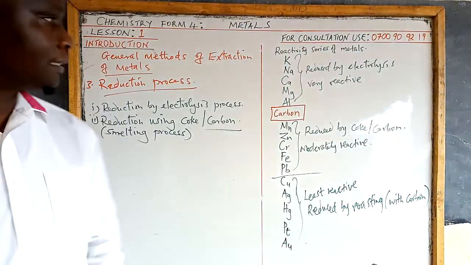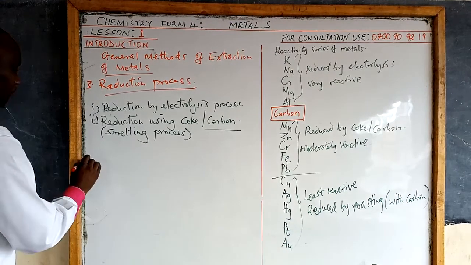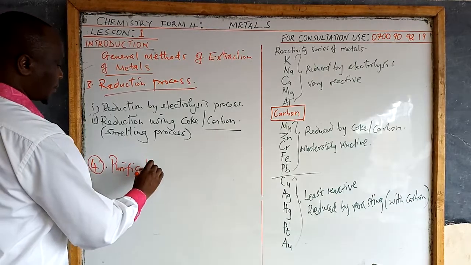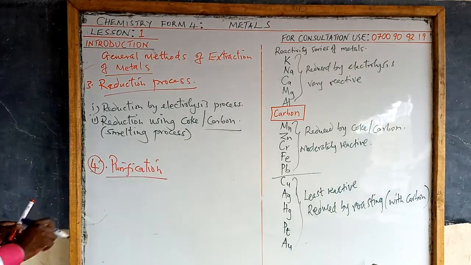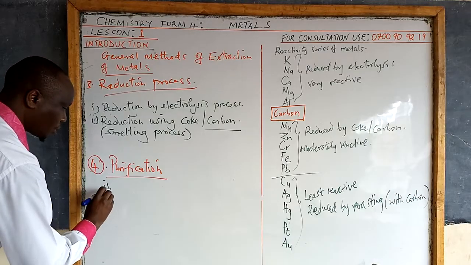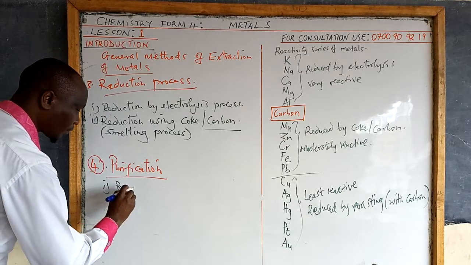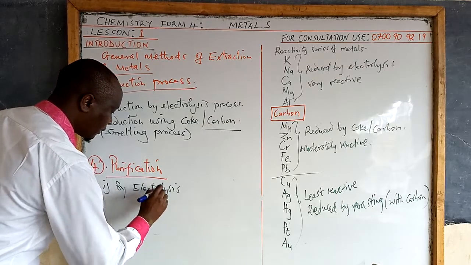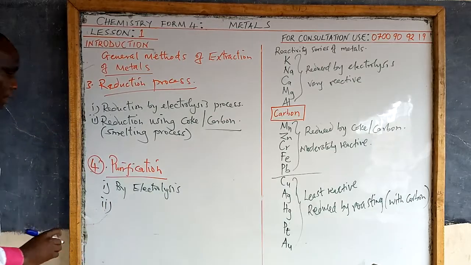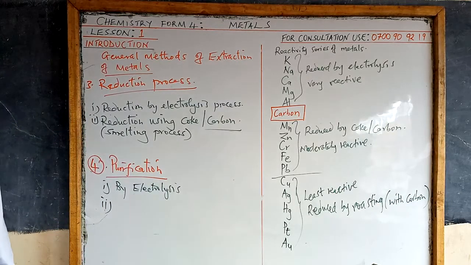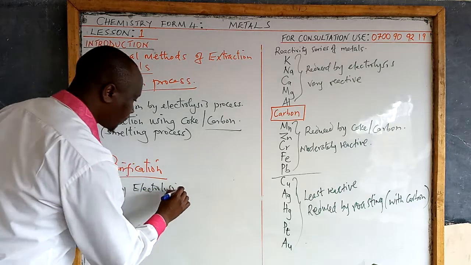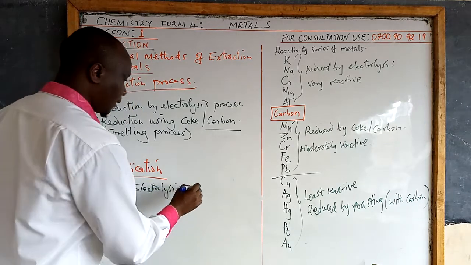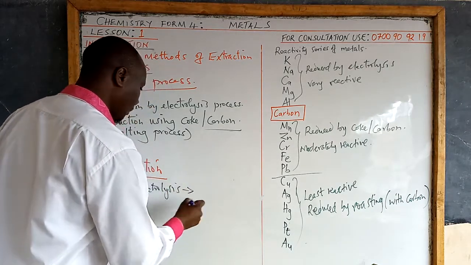Then finally, the fourth and the last step is purification. Under purification, there are three ways of purification. The first method of purification is by electrolysis. For example, you can have copper.